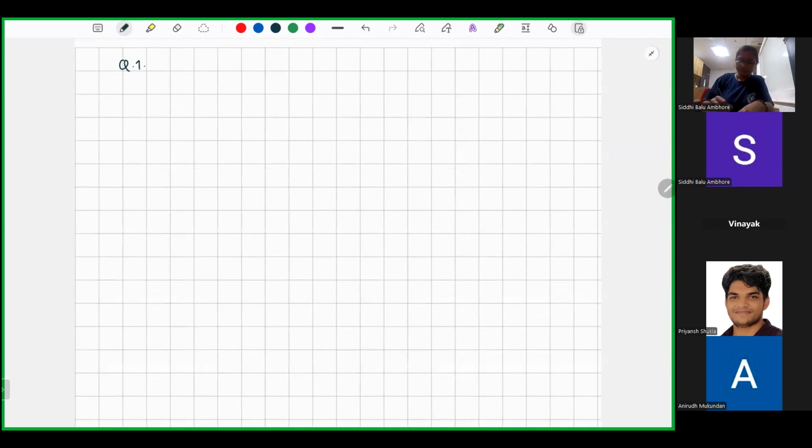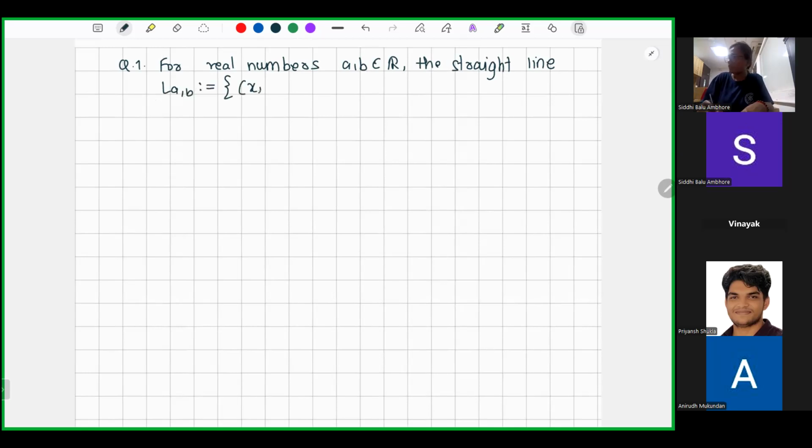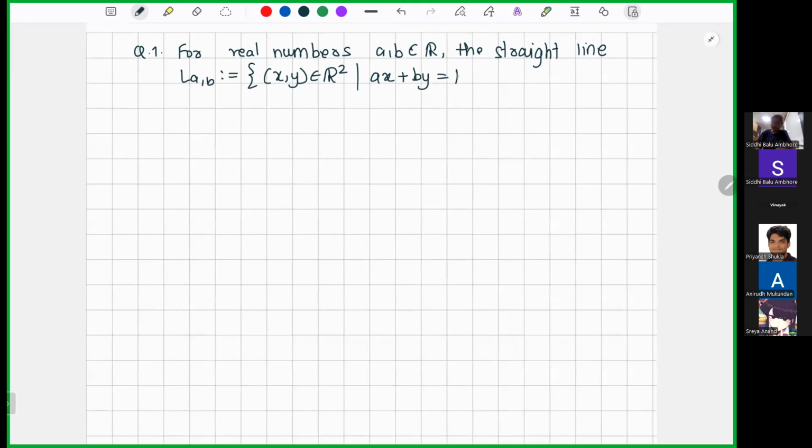For real numbers a and b from R, the straight line L_AB is equal to, so we are looking at the straight lines in R2 satisfying this equation ax plus by is equal to 0, and they are saying that these are subspaces of the R vector space.